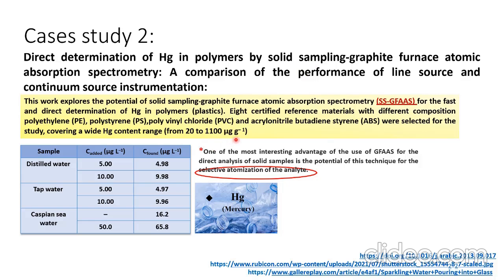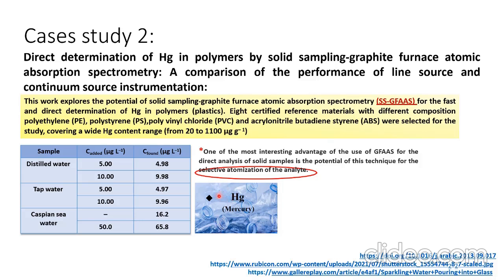One of the most interesting advantages of GFAAS is the direct analysis of solid samples, and the potential of the technique for the selective atomization of the analyte. So we can directly take these bottles and put them in the furnace, and it will atomize the selective ion.